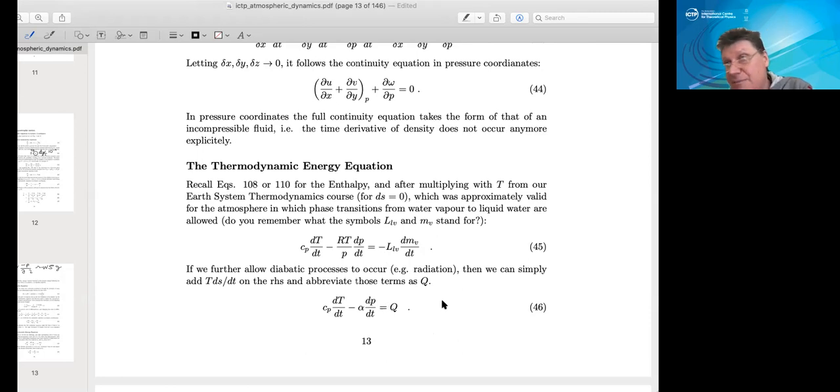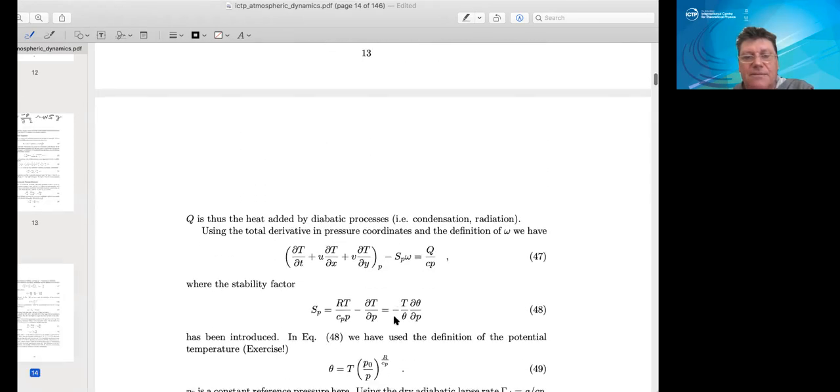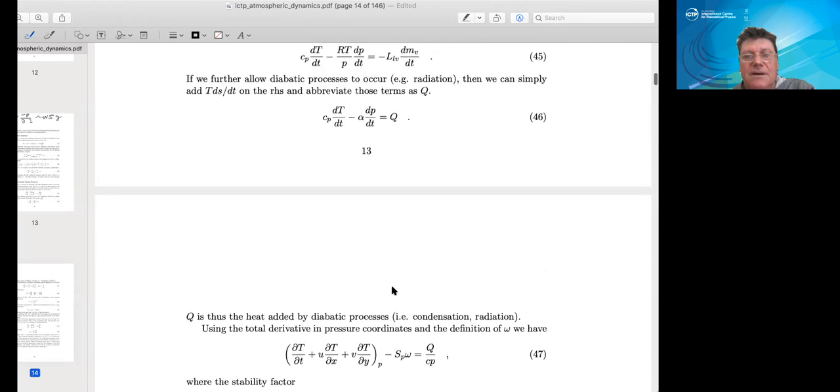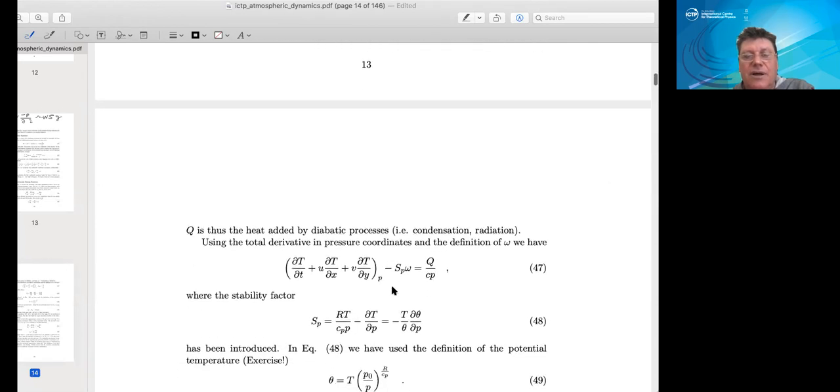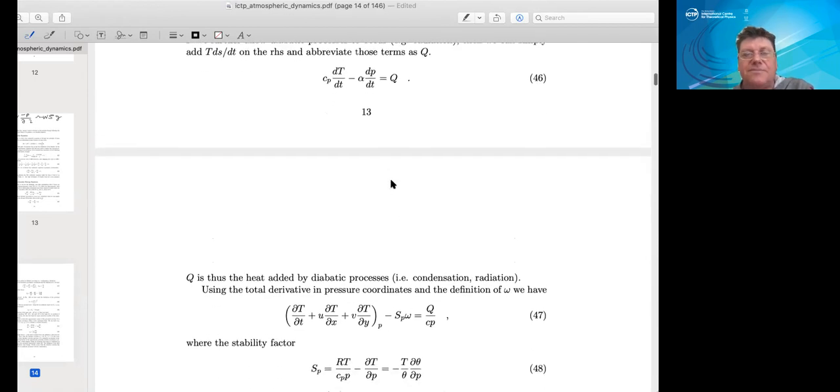And most of the time, if we want to understand something practically, it's very useful to set Q to 0, because that is very powerful. That is the adiabatic reversible version, in which case potential temperature is conserved following the motion. But in general, let's say we leave Q here for the time being. Now, we can write this exactly in the pressure coordinate system.